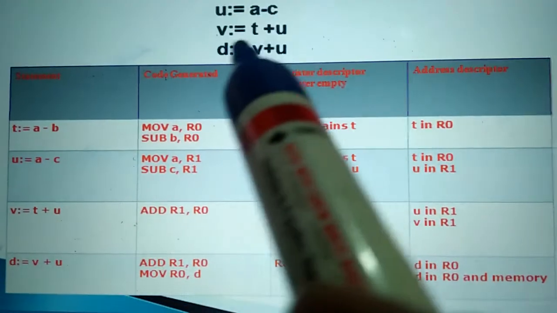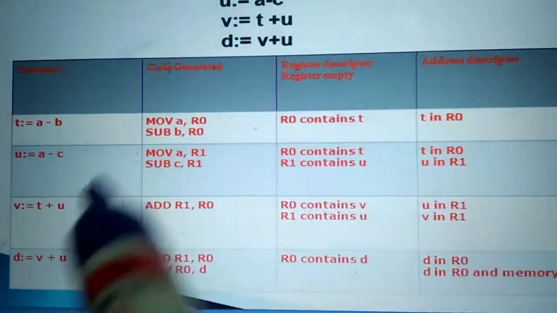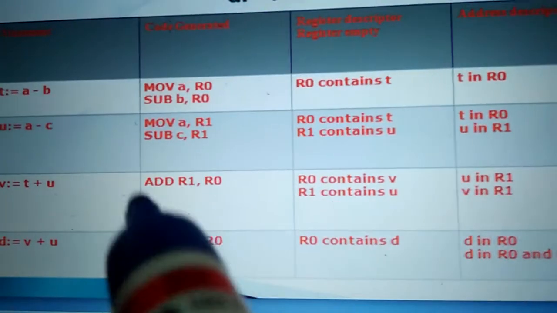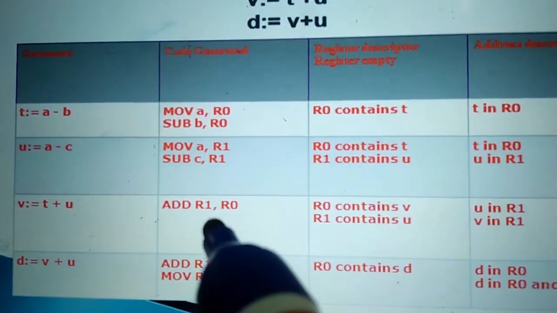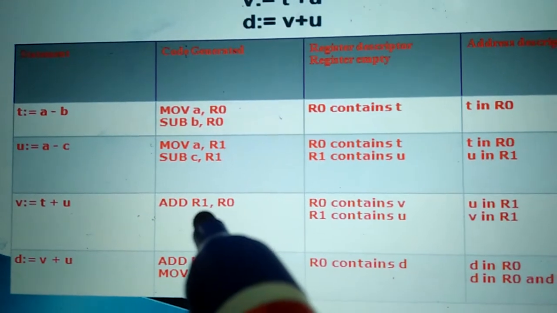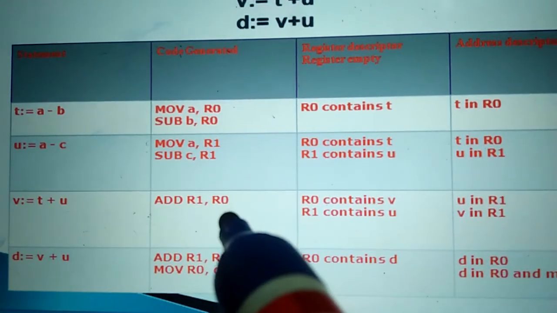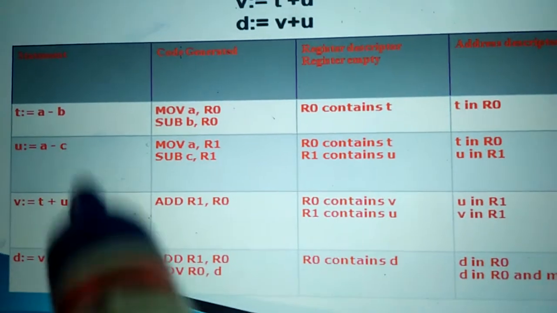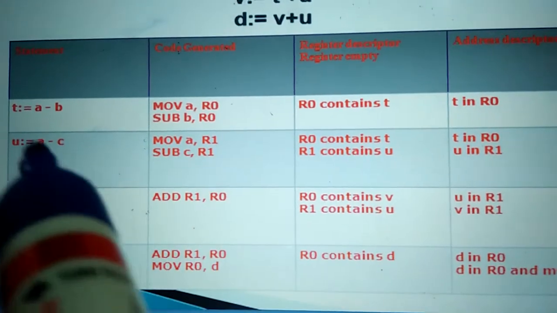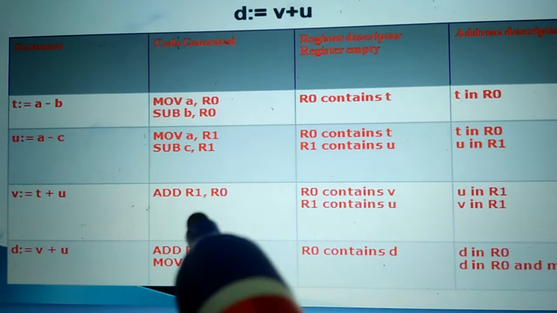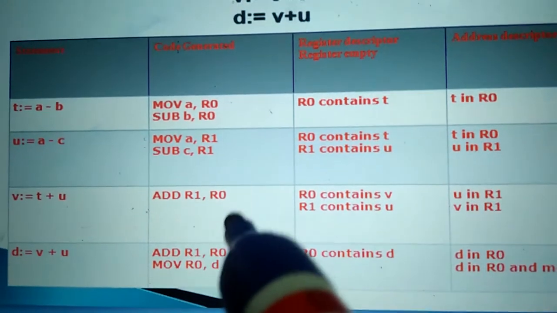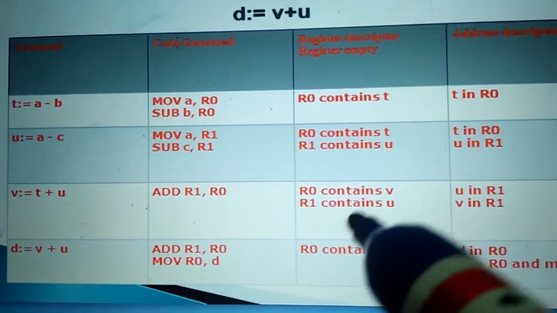Now another, V is equal to T plus U, add. Again in the same way, these two expressions should be added. So add directly the R1 and R0.